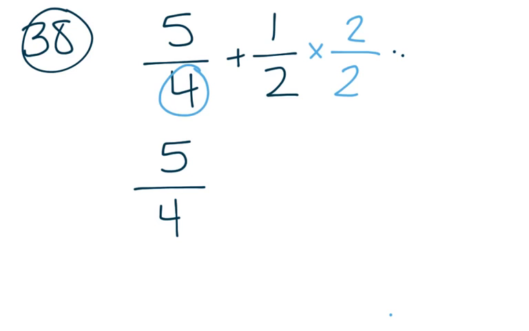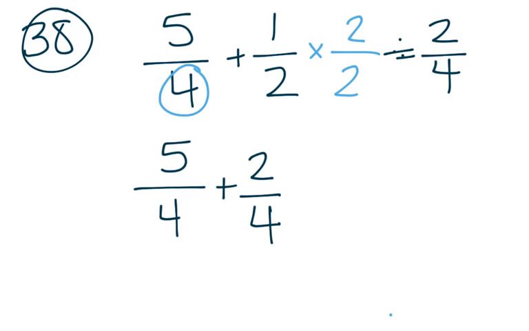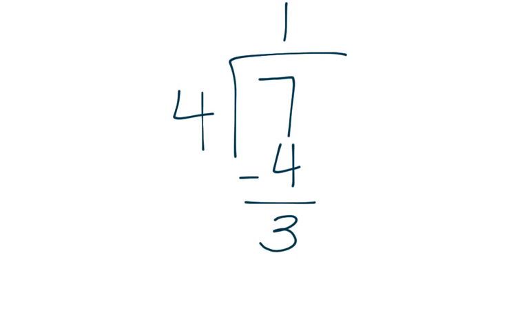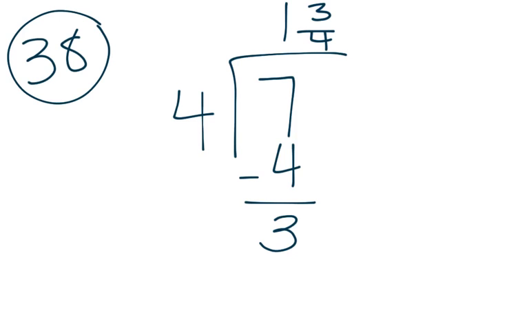Okay, this is going to turn into 2/4, add 2/4. 5 plus 2 is 7. Your denominator does not change. Change the improper fraction into a mixed number. Your answer for number 38 is 1 and 3/4.